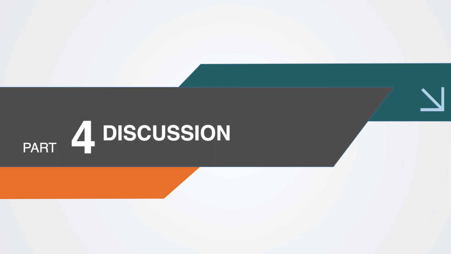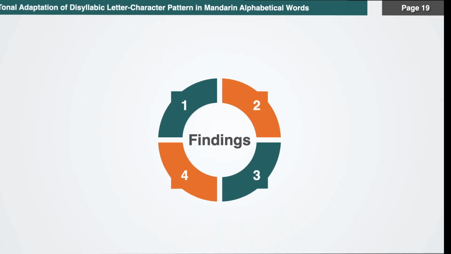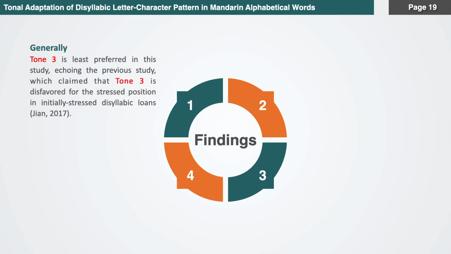Then we have the discussion part. For this research, we have basically 4 findings. Firstly, in general, Tone 3 is least preferred in this study, echoing the previous study which claimed that Tone 3 is disfavored for the stressed position in initially stressed disyllabic loans. And based on dialects, for most letters, tonal preferences also depend on dialectal areas.